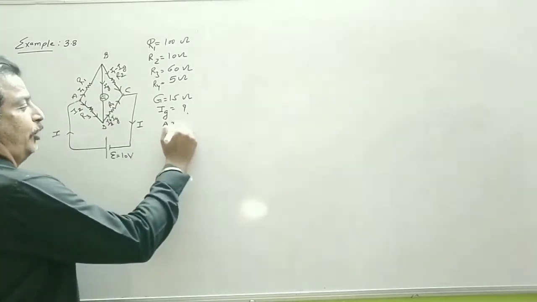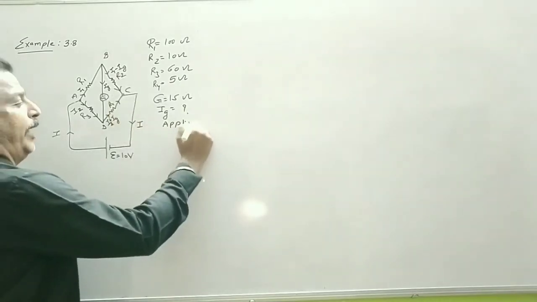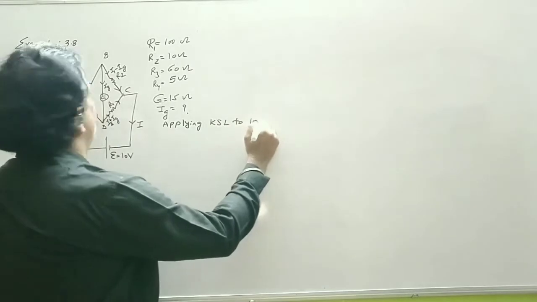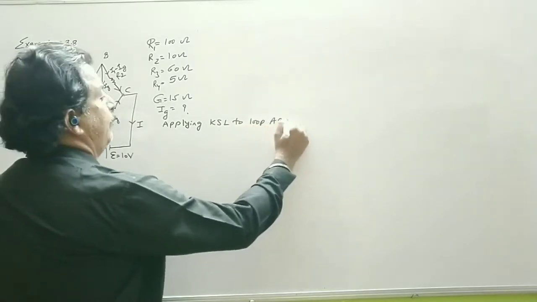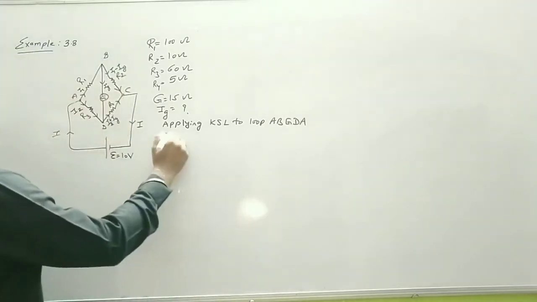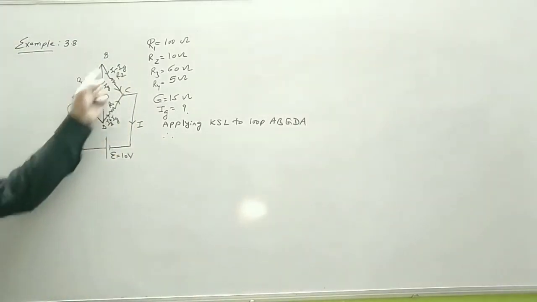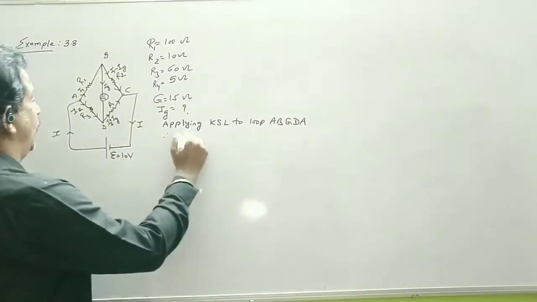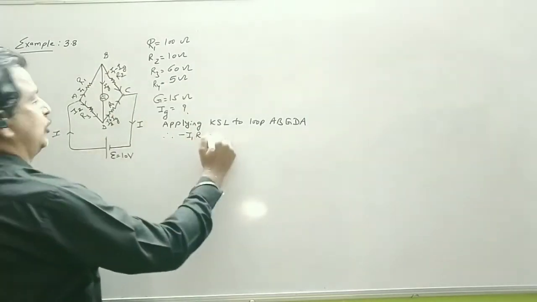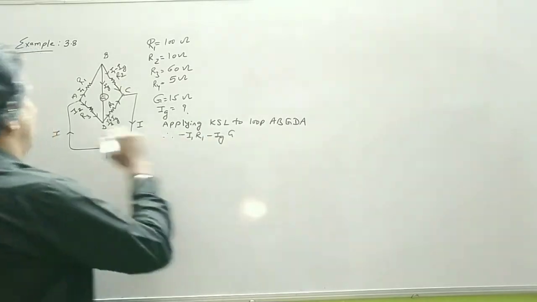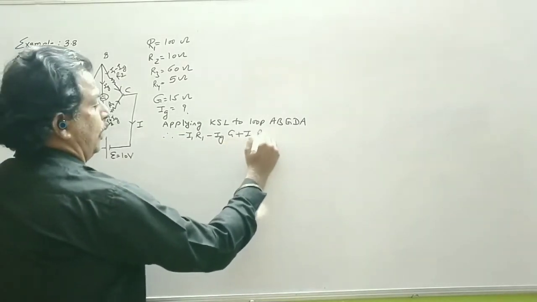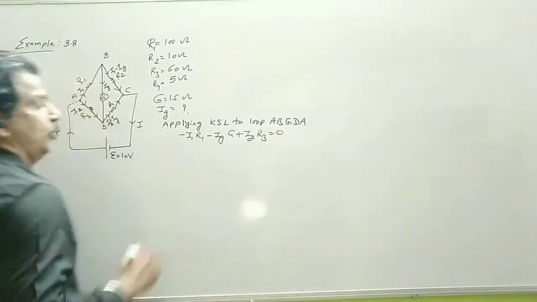Let us start by applying Kirchhoff's second law to the loop A, B, G, D, A. In the direction of current means minus. Again, in the direction of current, and where the current is coming opposite, plus I2 R3 is equal to 0.